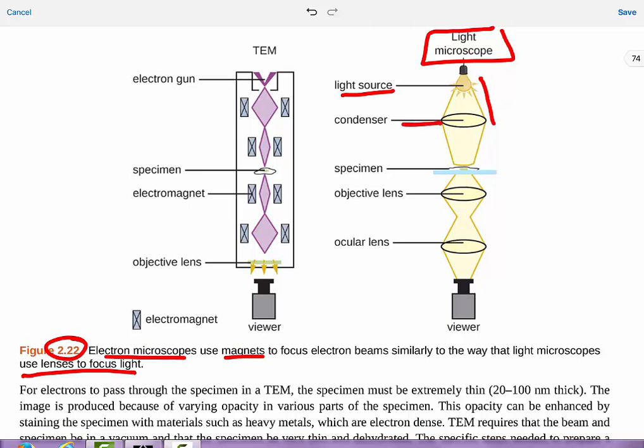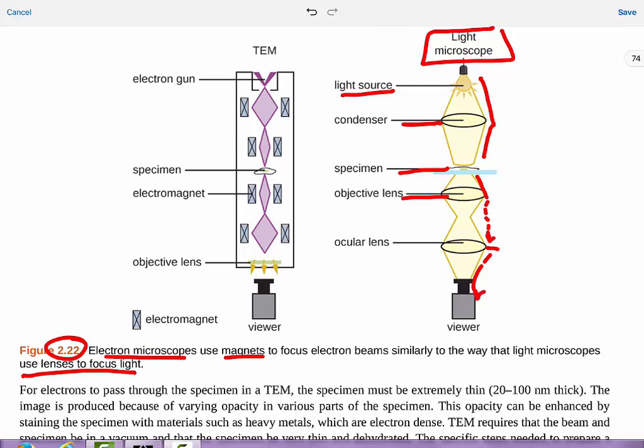We have our condenser, which we've seen multiple times now, which is going to gather that light and get it closer to where the specimen is. Then the specimen bounces and bends the light. It enters the objective lens, and then that image is going to go up through. We're going to magnify it further using our ocular lens, and then here's our viewer camera, or your eyeball.